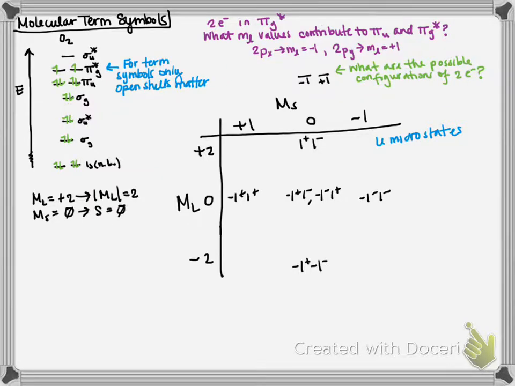And whether we took the negative extreme or the positive extreme, the absolute value of that is 2. And if we have capital M sub L equals +2 or -2, we only have one capital M sub s availability that pairs with that, and that's M sub s equals 0, which corresponds to S equals 0, our total spin.